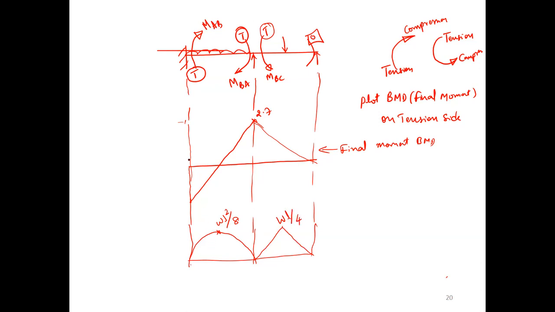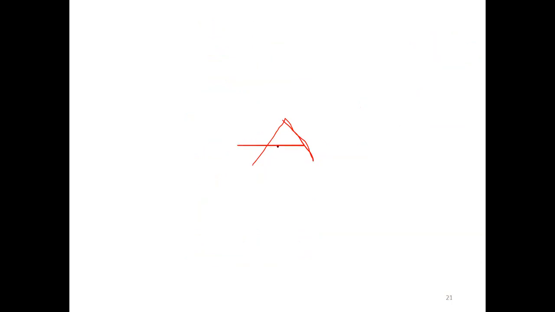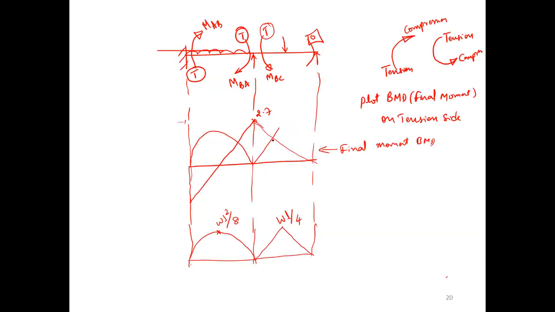Now you can impose this diagram in a single set like this. This value is WL by 4 and this value is WL square by 8.